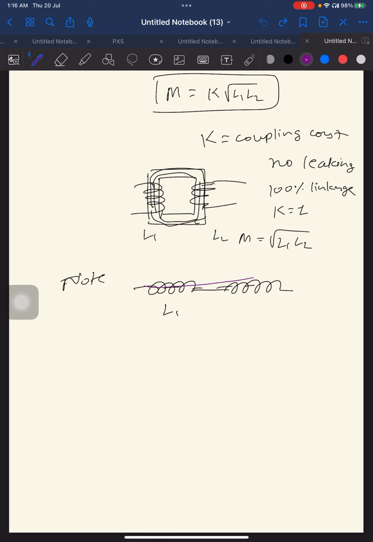If the linkage supports each other, meaning the currents are in the same direction, then L equivalent is L1 plus L2 plus twice M, where M is the mutual inductance, which is K times root under L1 L2 as said above.